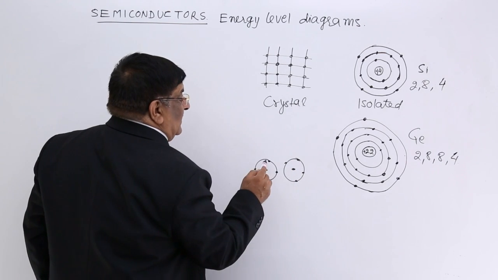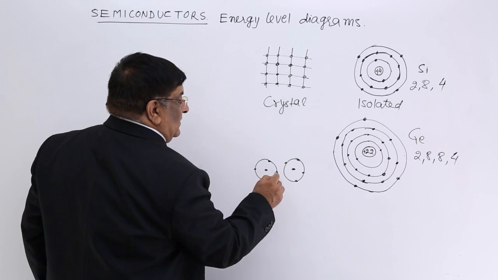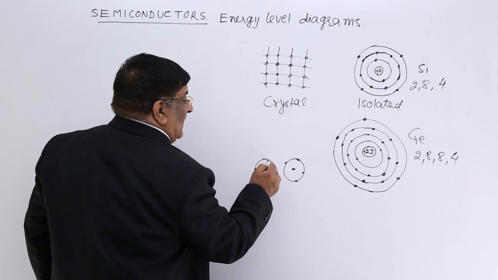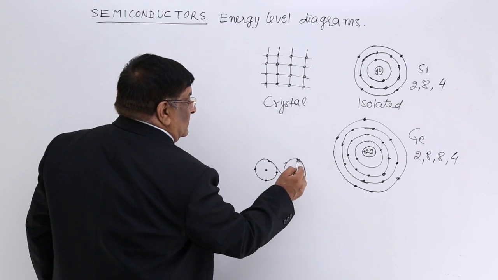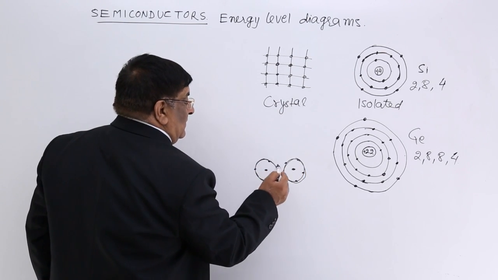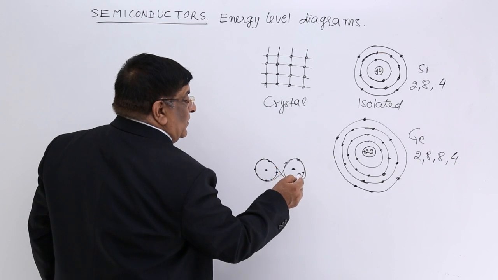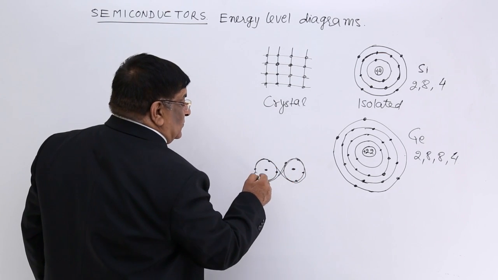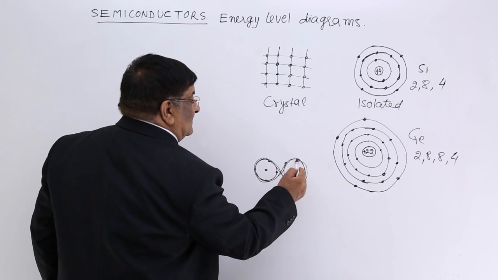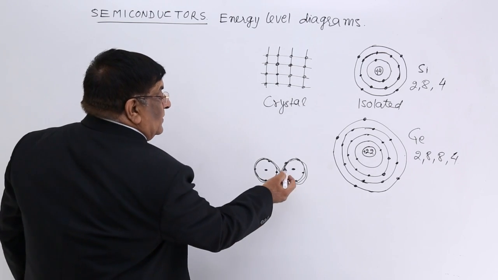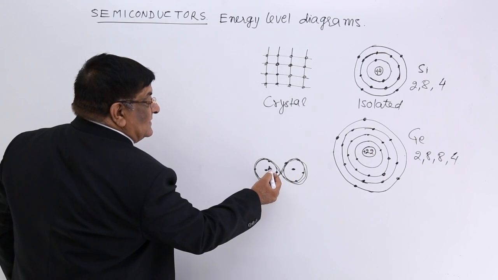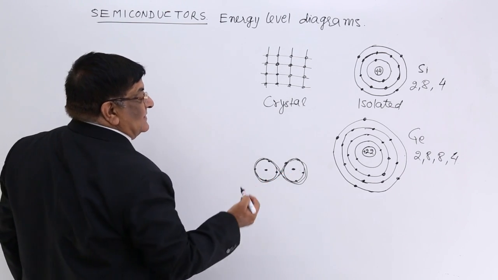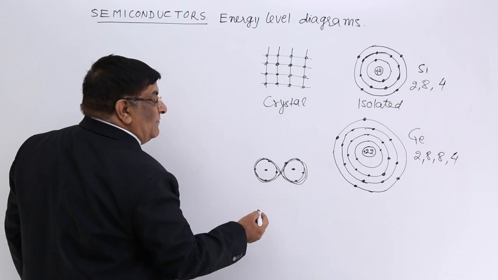Now we have studied that this one electron which is moving like this will go this way also, and this one electron from this atom will also do this duty. So this will share one with this atom, and now they have 5.